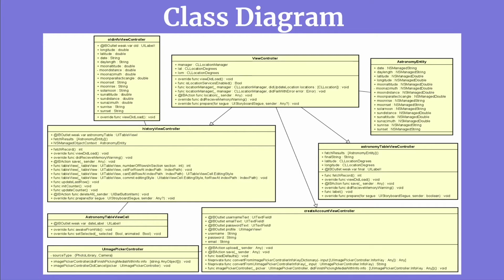From there, we can select an instance of the saved data through the astronomy custom table view cell, and we will move on to the old info view controller, which will show the info from that specific instance, date, latitude, and longitude, as well as the old corresponding information, and format it in the same format that the user originally saw from the astronomy table view controller.